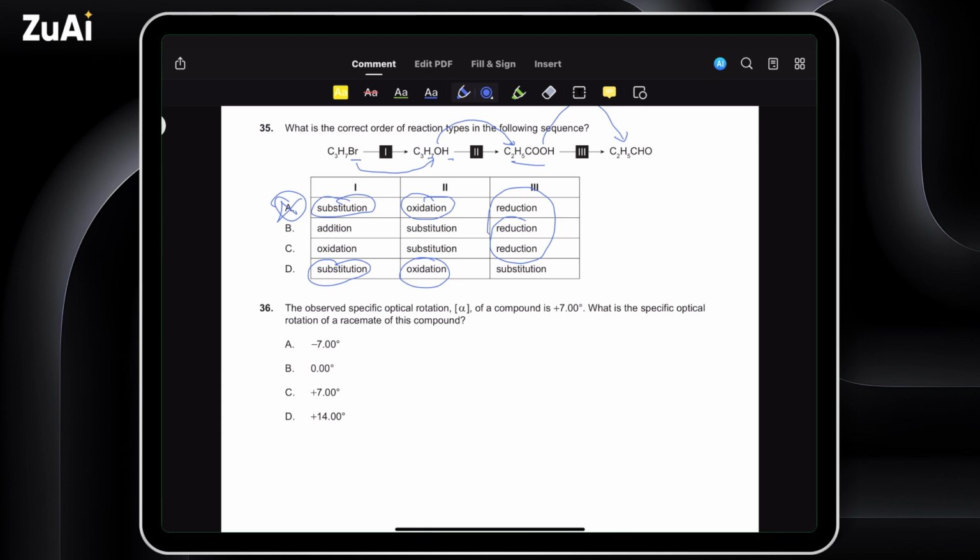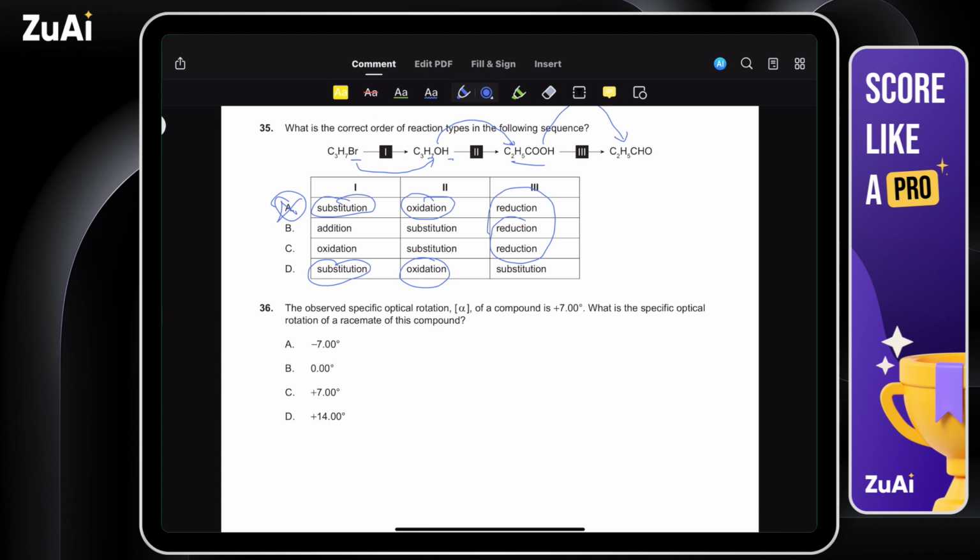They cancel each other out. So it should be 0 because it has 0 optical activity.